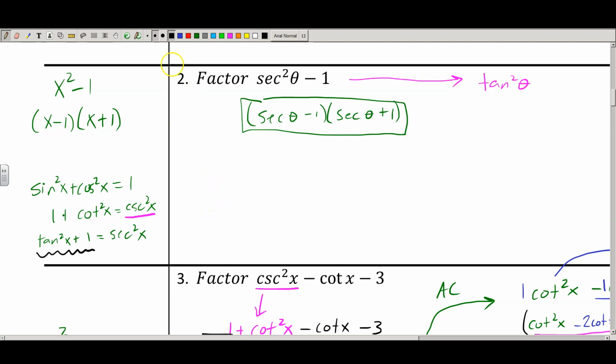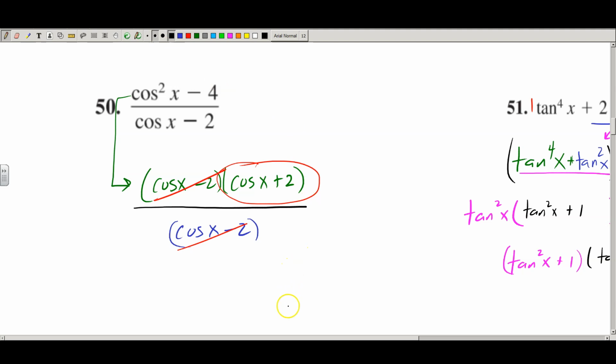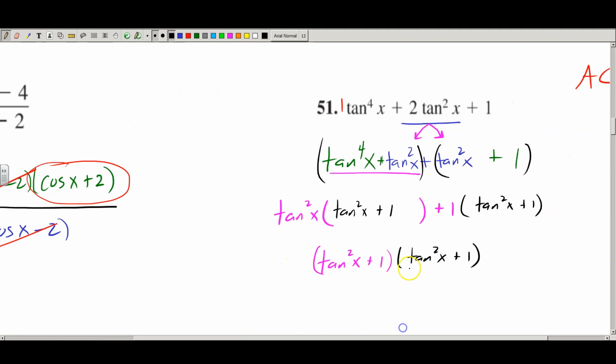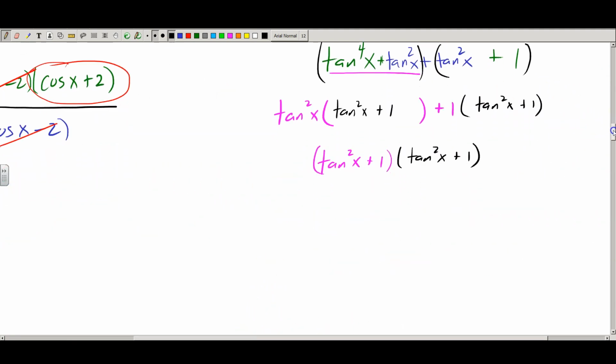So since that came out of that problem, we can just substitute in a secant squared. And so this we could write as secant squared x, and then this could also become another secant squared x. And if I take squared times squared, that's going to be to the fourth. So that'll be secant to the fourth x for number 51.